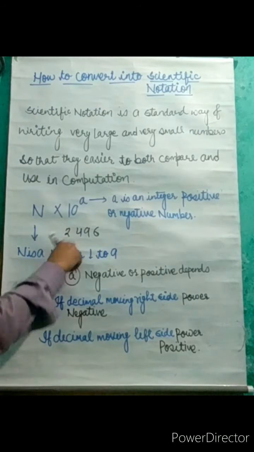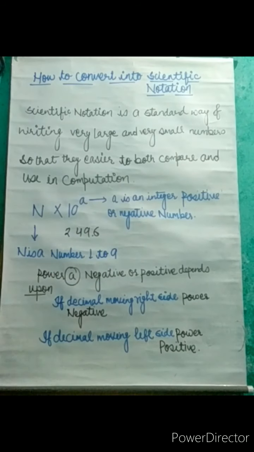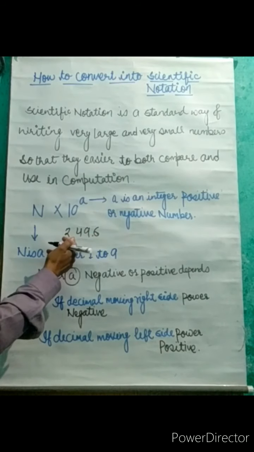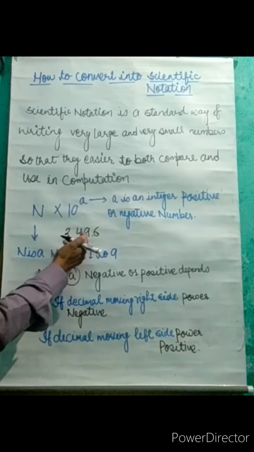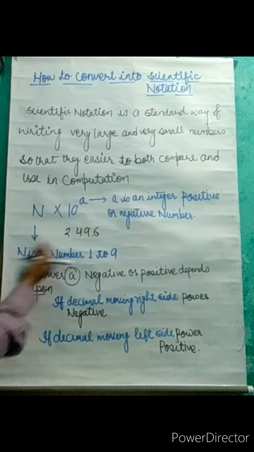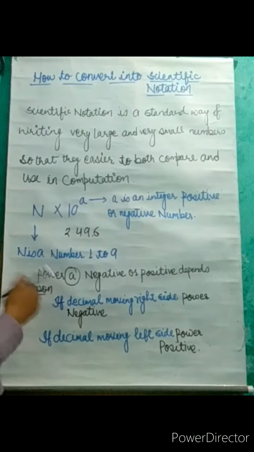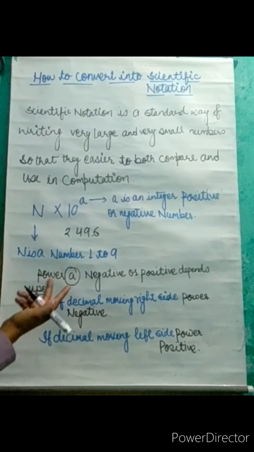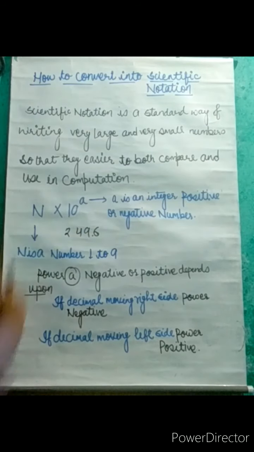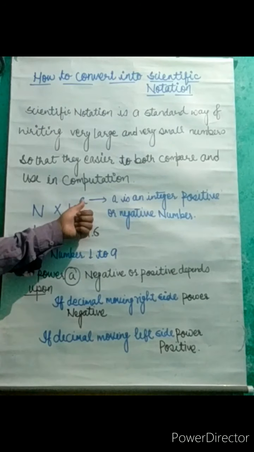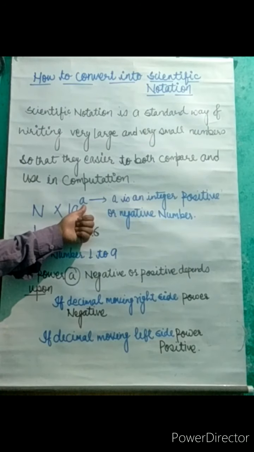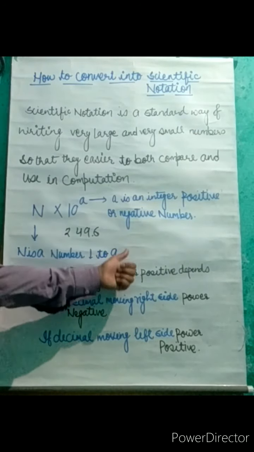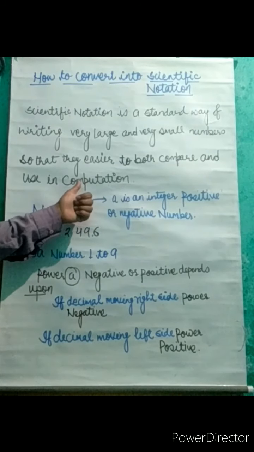And if you are shifting the decimal to the left, if you shift 3 places, then the power will come positive 3. So in place of a, if you shift 3 places, you write power plus 3. If you shift to the right side 2 places, you write power minus 2.